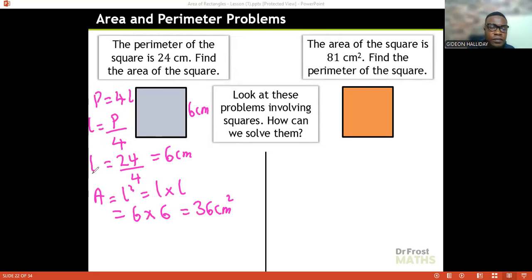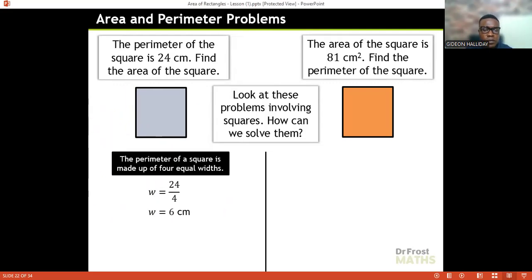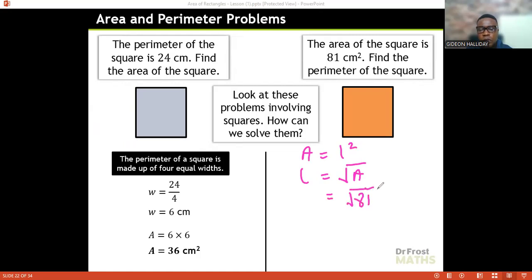Lemon squeezy! So I'll clear my screen, and so that is it. 24 divided by 4 is 6, 6 times 6 is 36 centimeters squared. So for this one, the area is 81. Remember when we're looking for length, area is L squared, and then L equals the square root of area, and that's the square root of 81. What can you multiply by itself to give you 81?